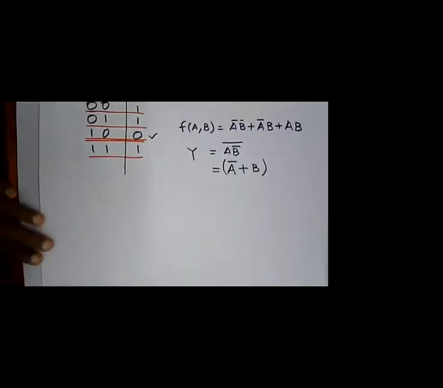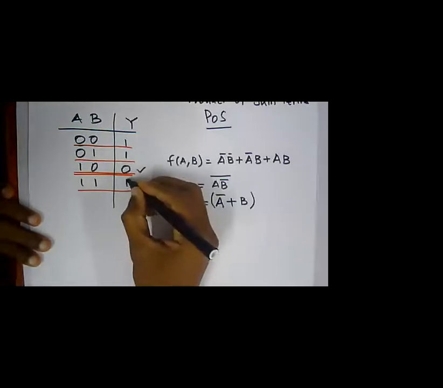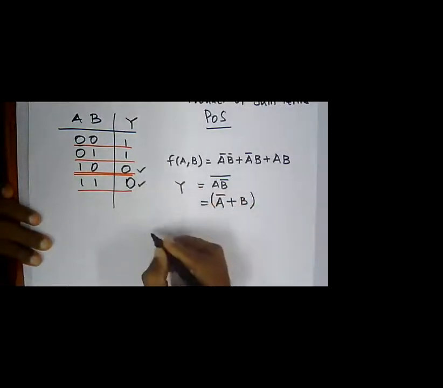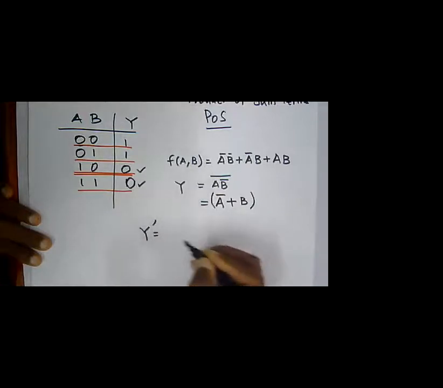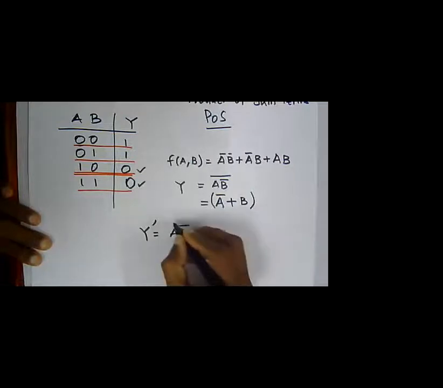For example, consider another truth table. If we have this one 0, our new Y, let this be Y dash, will be A B bar plus (A B) whole bar.